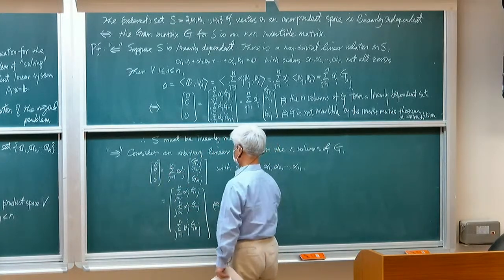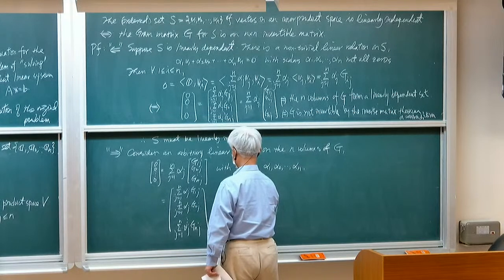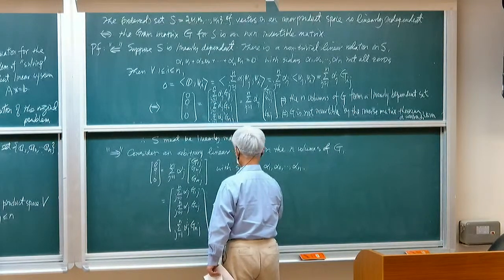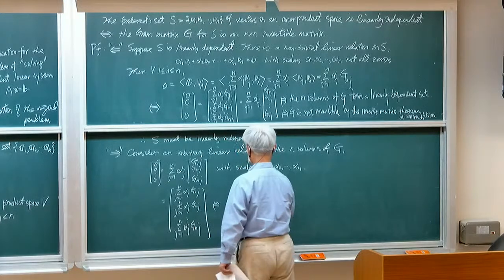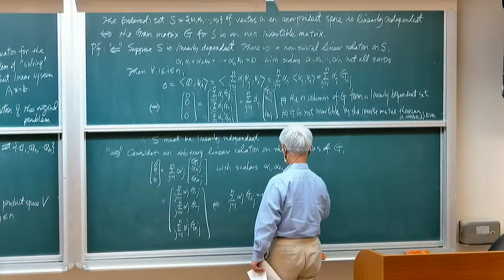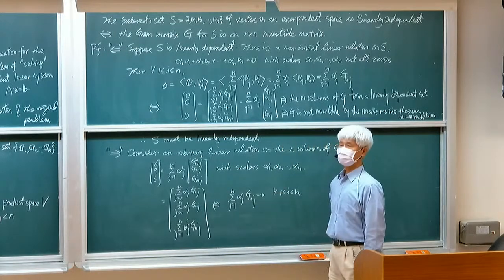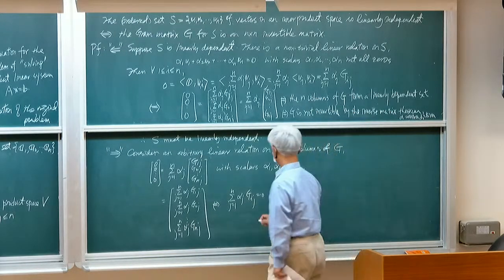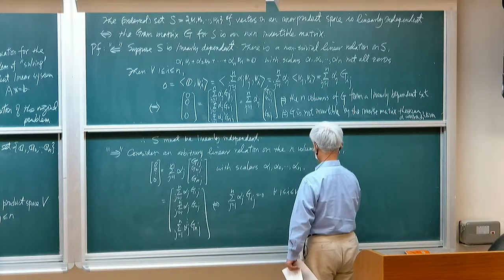So this is only if the summation over j from 1 to n of alpha j Gij is 0 for all i from 1 to n. But why is that?